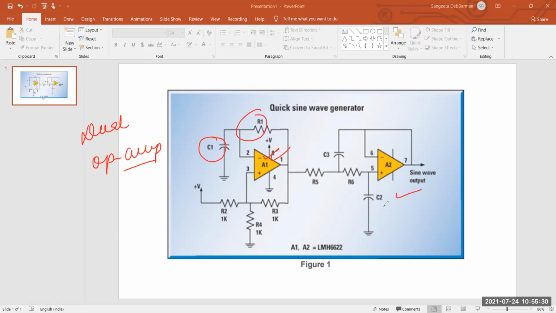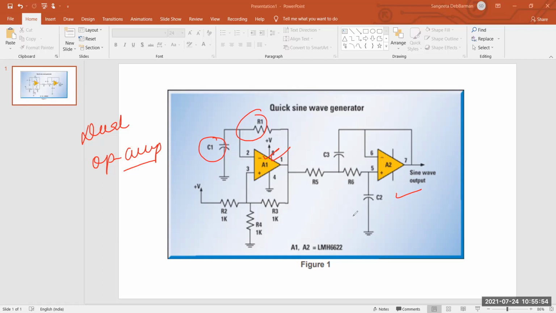A2 op-amp. A square wave signal is made up of a basic frequency, and harmonics are definitely there along with the basic frequency. Most of the harmonic frequencies are removed by using the filter, and the basic frequency remains in the output of the amplifier. They won't harm so much, so we let it remain.